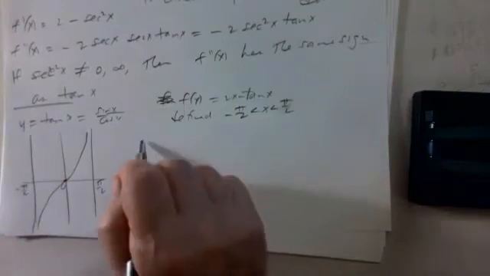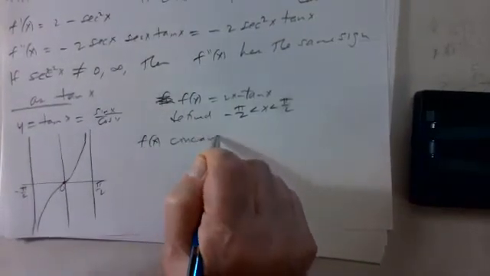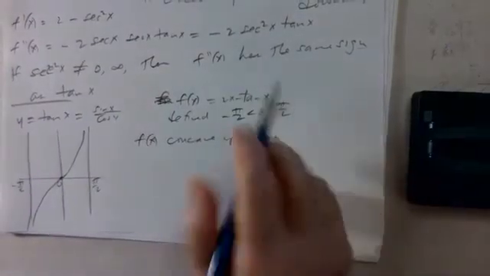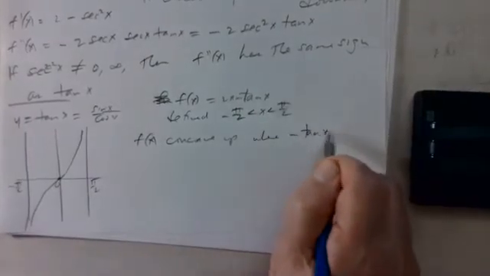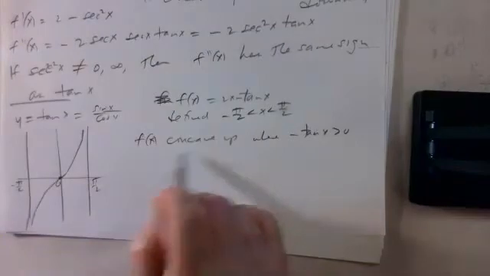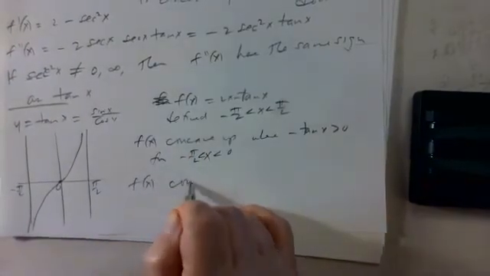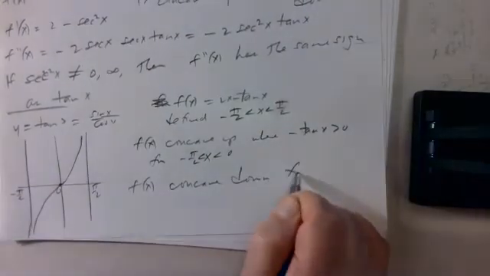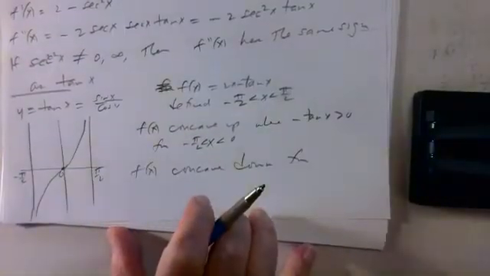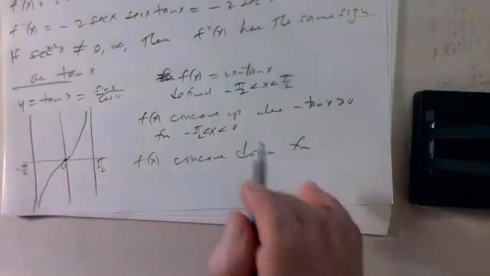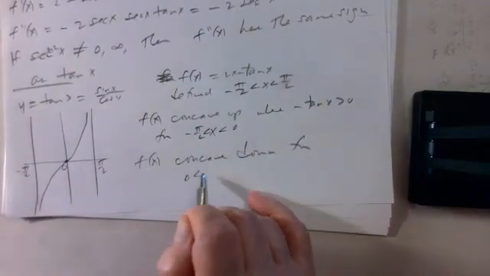And in this region, f of x is concave up where the second derivative is positive, which means where minus tangent of x is greater than 0, which means tangent x is negative. So this is for x between minus pi over 2 and 0. And f of x is concave down where the second derivative is negative, which means where the tangent is positive. So that's between 0 less than x less than pi over 2.